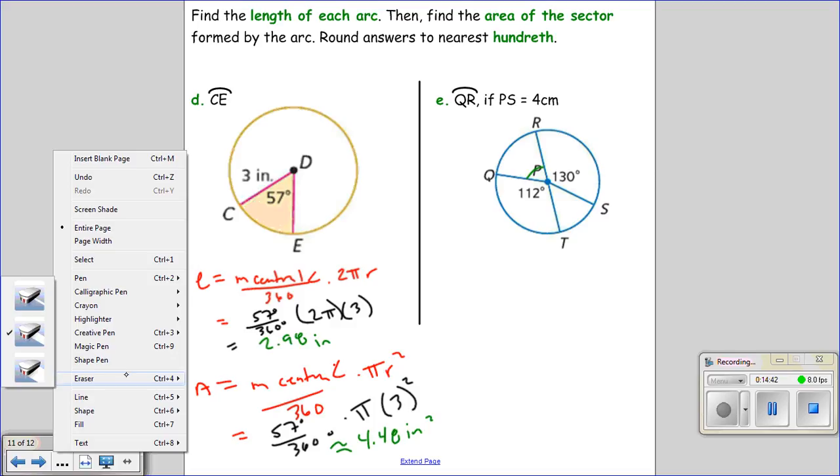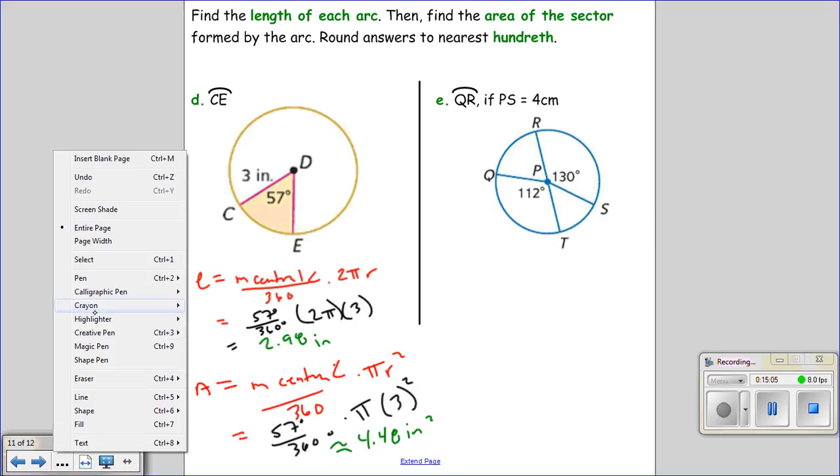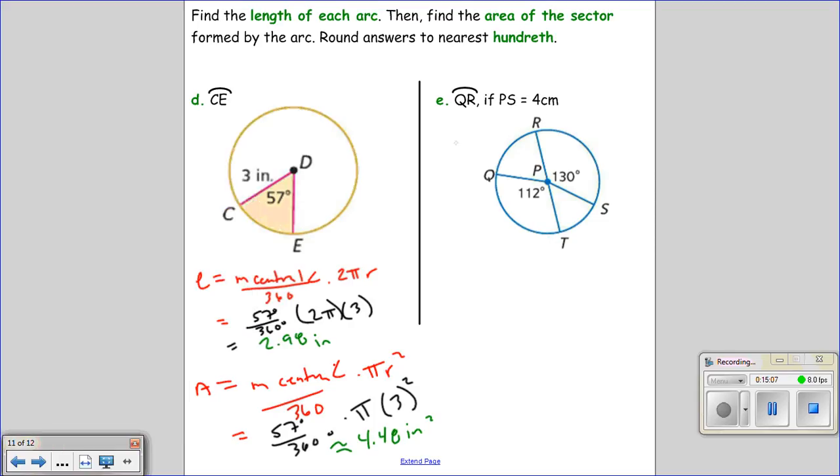Let's say that you know that RT is the diameter because it goes from edge to edge and through the center. It's a straight line. So that means that this arc here, RQT, is a semicircle measuring exactly 180 degrees.